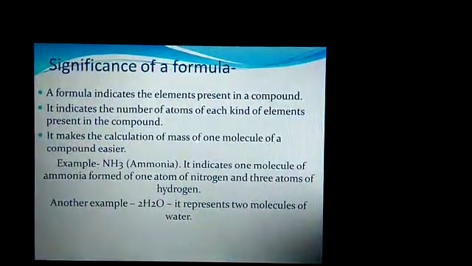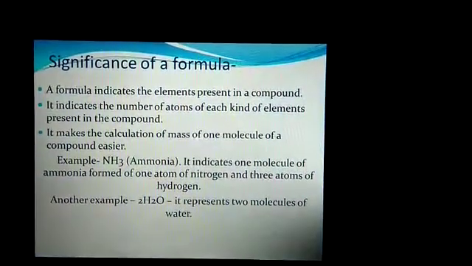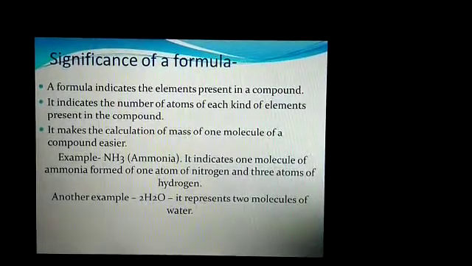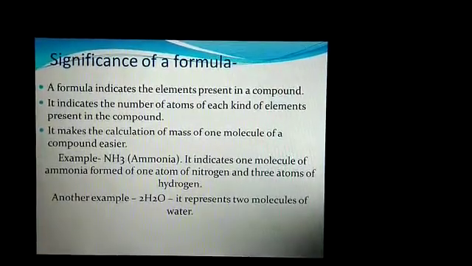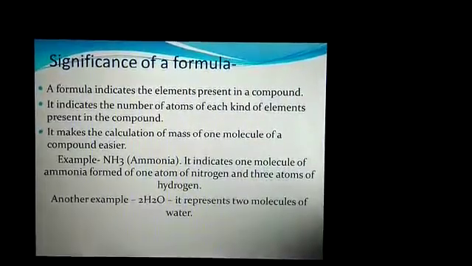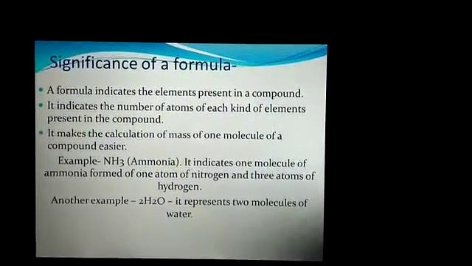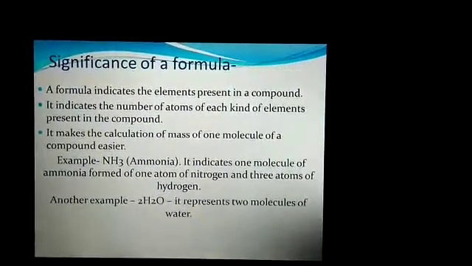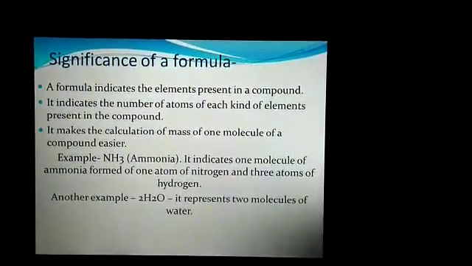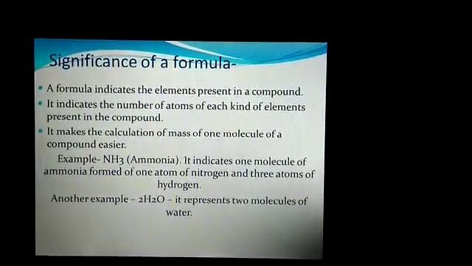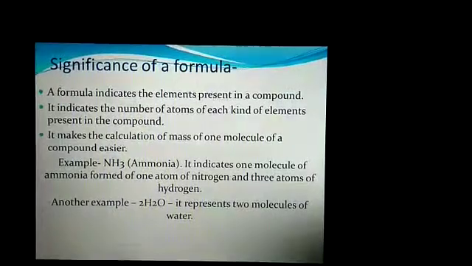The next is the significance of a formula. A formula indicates the elements present in a compound. Second, it indicates the number of atoms of each kind of element present in the compound. Third, it makes the calculation of the mass of one molecule of a compound easier. An example is NH3, the ammonia molecule.